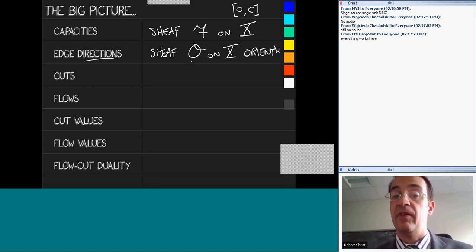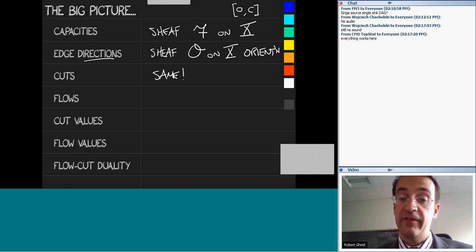Our definition of that is coming in a minute, but think of that directedness also being included as a sheaf. The cuts are the same in both the classical and the topological case. It's just a collection of edges that separate the source from the target.